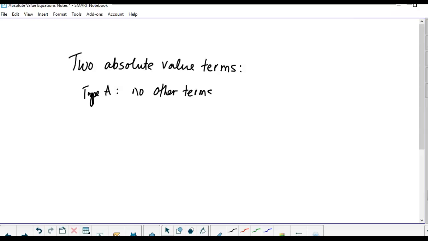So just two absolute value terms. So let's look at an example like this. This is just to show what we do. So we're going to have absolute value of x equals absolute value of y. Y might be something in terms of x, right? We're not going to be able to tell. But let's think about our cases.